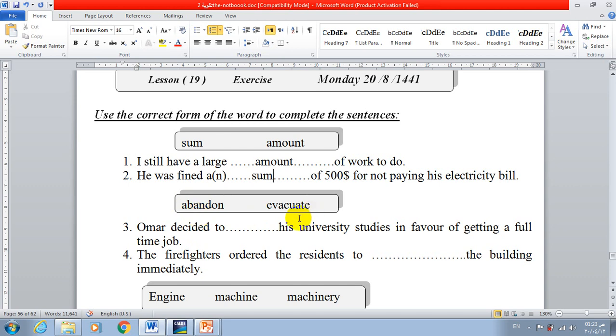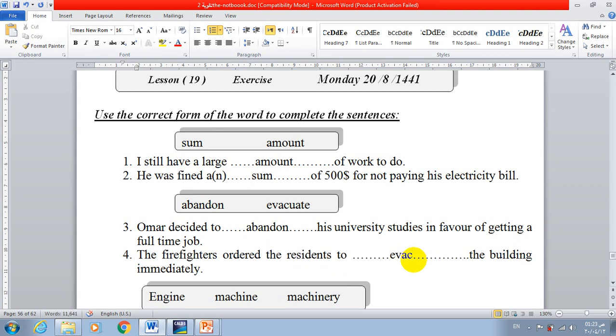And evacuate means to move people from a dangerous place to somewhere safe. So, what is the right answer for number 3 and for number 4? Good. Number 3, the word abandon. And number 4, the word evacuate. Good.